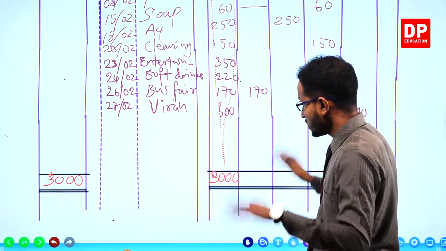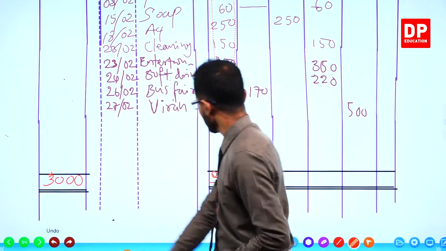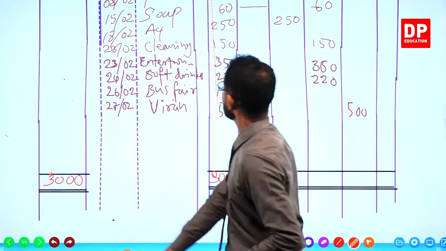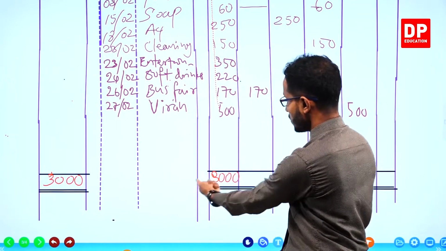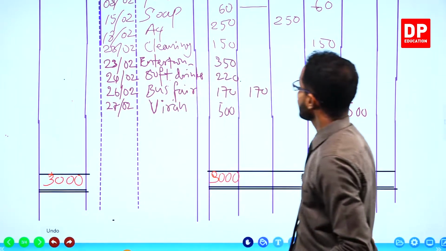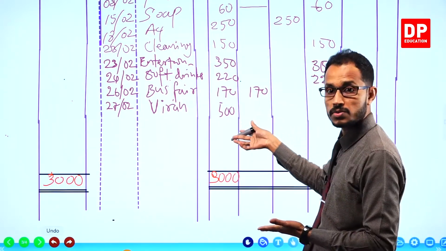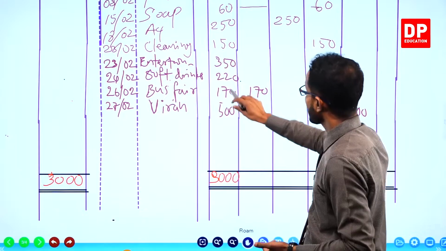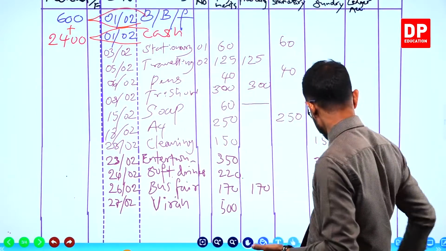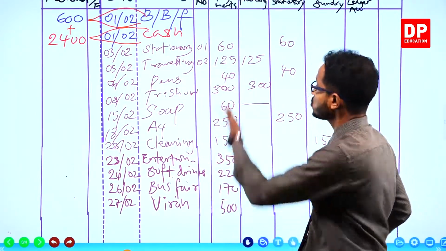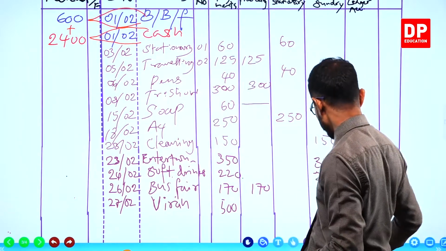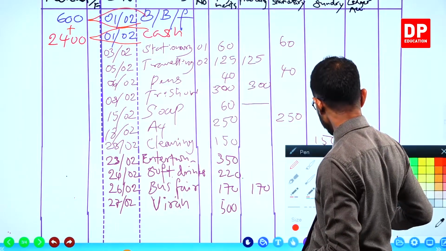Okay. But although you put the same sum total here in the payments column, now what you must do is take the real total of the payments column, adding up all the amounts in the payments column.